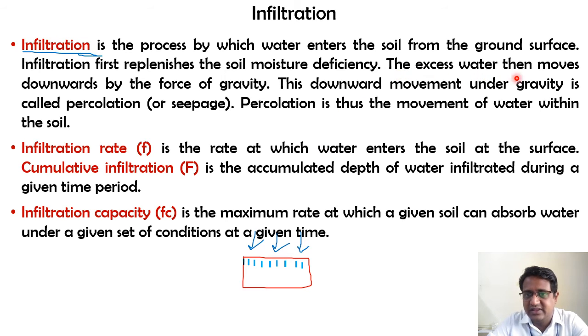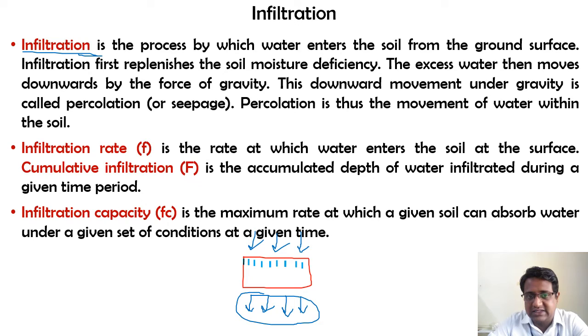The excess water then moves downwards by the force of gravity. That is, once this entire soil mass is saturated with water and has reached its limit, at that point of time the excess water is going to infiltrate downwards.